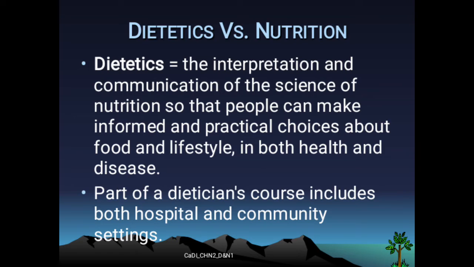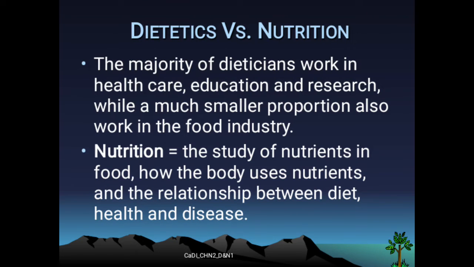Dietetics is the interpretation and communication of the science of nutrition so that people can make informed and practical choices about food and lifestyle in both health and disease. Part of a dietitian's course includes both hospital and community settings. The majority of dietitians work in healthcare, education, and research, while a much smaller population also work in the food industry.